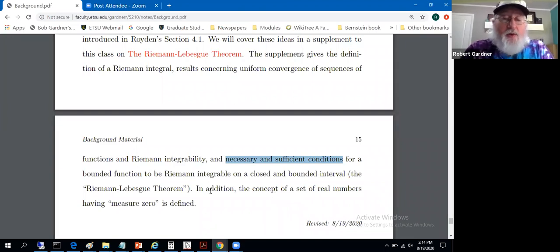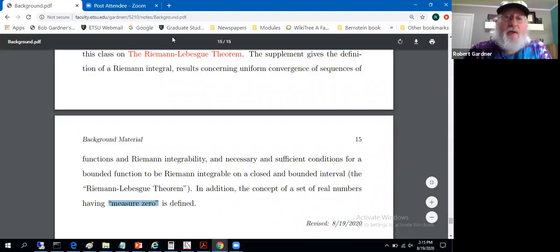It turns out, a little more details in there, that the function needs to be not too badly discontinuous. You know you can integrate over discontinuities. Well, how badly discontinuous can a function be and still be Riemann integrable? The answer is the set of discontinuities can have at most measure 0.